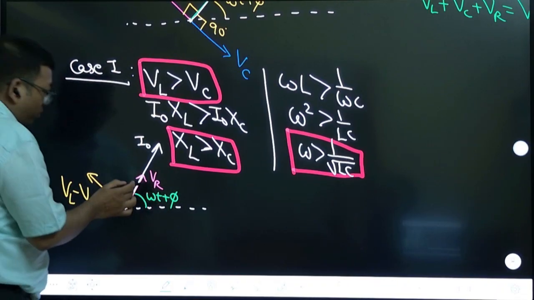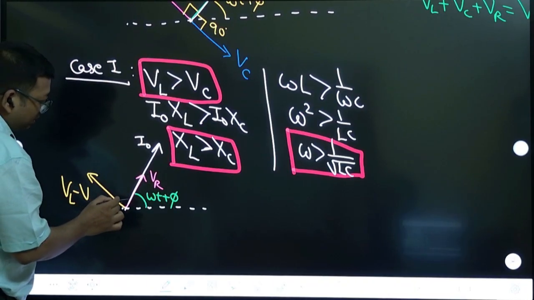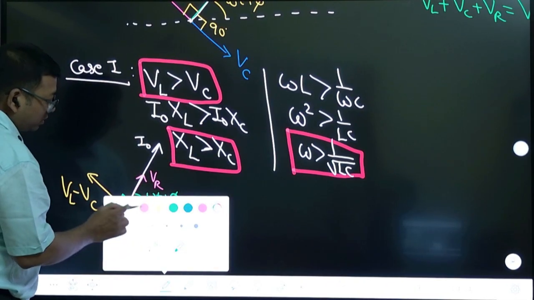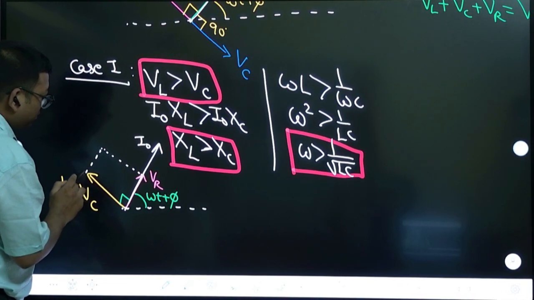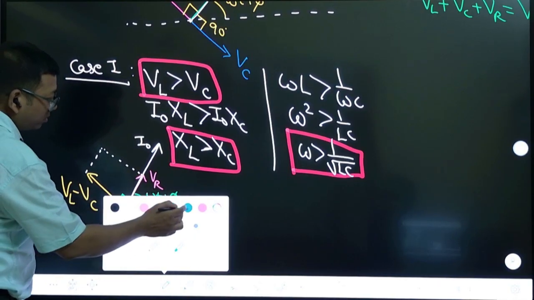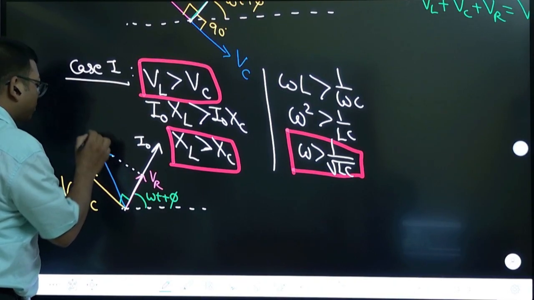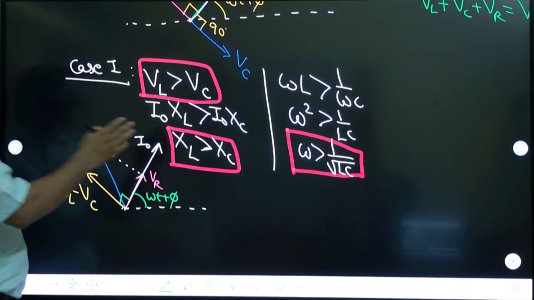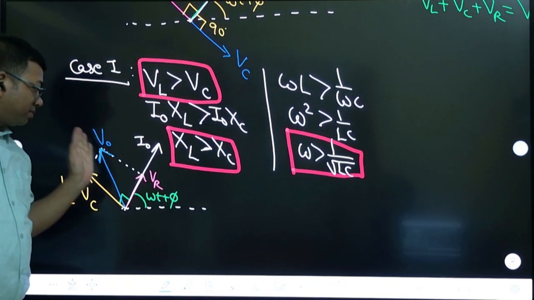Now VR and VL minus VC are at 90-degree angle, we know that. So let us now add them. You know how to add vectors. So the resultant of this will be coming in this direction. This resultant is V naught, because it is the vector sum of all the voltages.